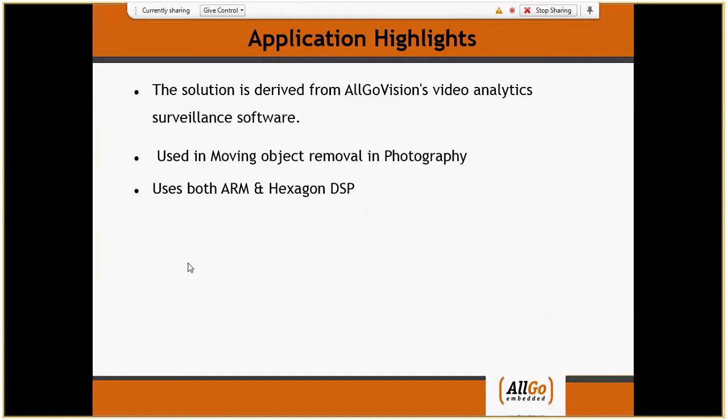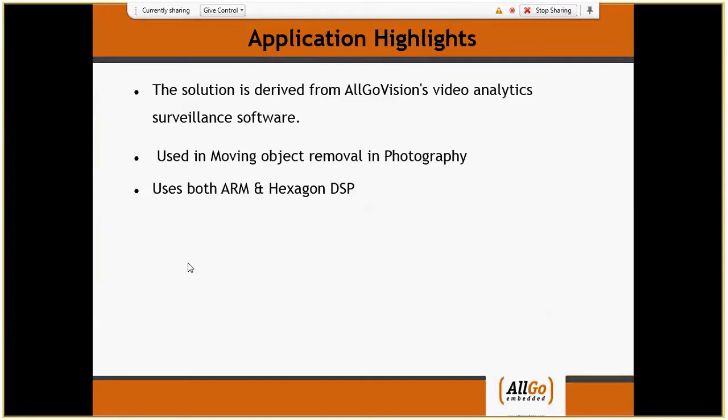This is used for moving object removal in photography. In photography, you want to remove unwanted moving objects or people moving around behind the scene when you're taking a photograph. So this solution is catered for that.